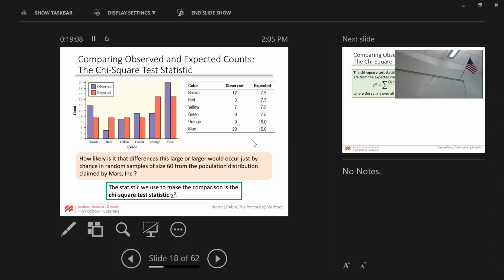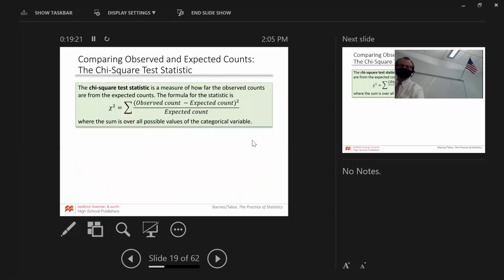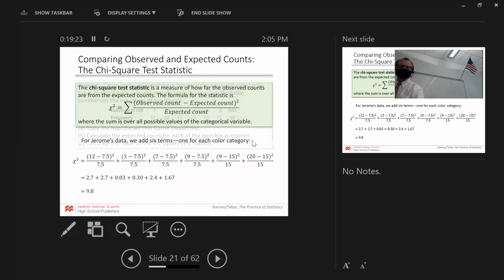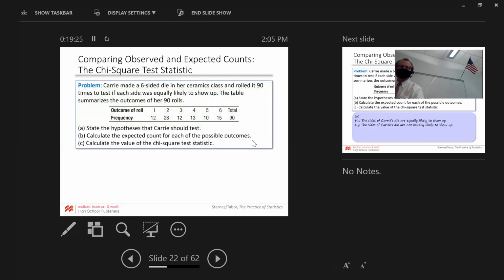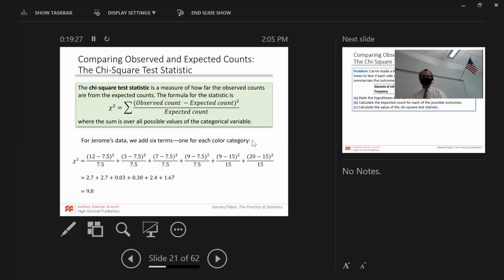The conclusion is we failed to reject the null. There was a lack of evidence that M&Ms are different than what they're advertised to be. Okay? And then that's for tomorrow.